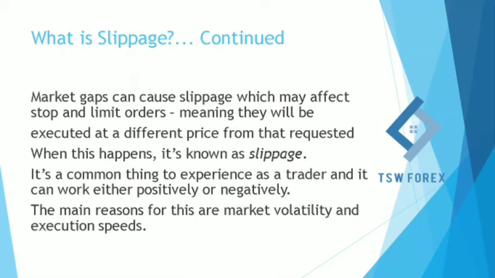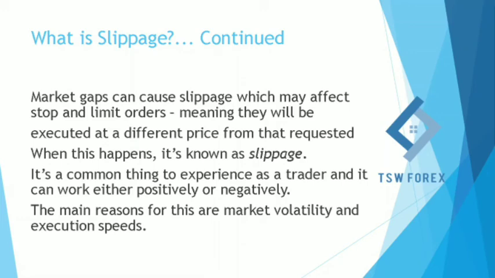Market gaps can cause slippage, which may affect stop and limit orders, which we're going to discuss in phase 2, meaning they will be executed at a different price from the requested. When this happens, it is known as slippage. It's a common thing to experience as a trader, and it can work either positively or negatively. The main reason for this is market volatility and execution speed.